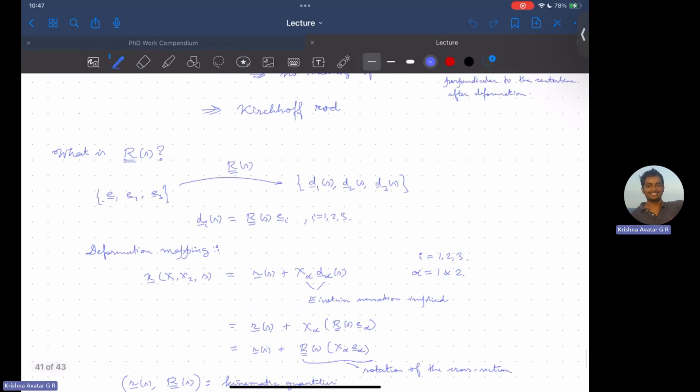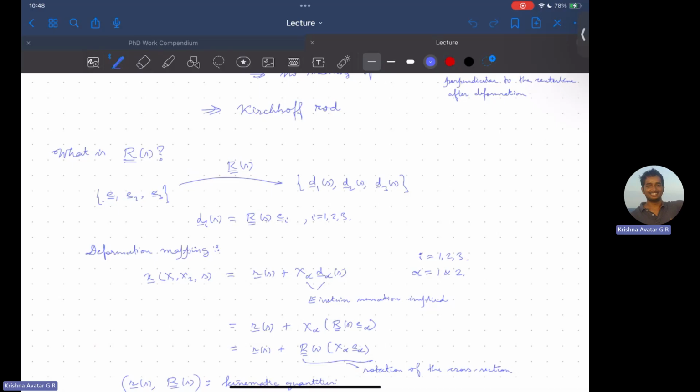Now we wanted to understand the rotation matrix, which is also a function of the arc length coordinate s, right? It maps the standard Cartesian basis to D1, D2, D3 through the relation d_i = R e_i.